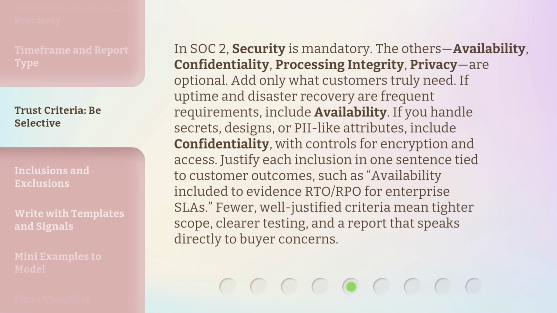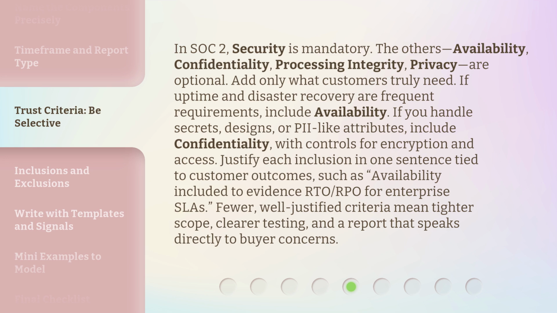In SOC 2, security is mandatory. The others, availability, confidentiality, processing integrity, privacy, are optional. Add only what customers truly need. If uptime and disaster recovery are frequent requirements, include availability.